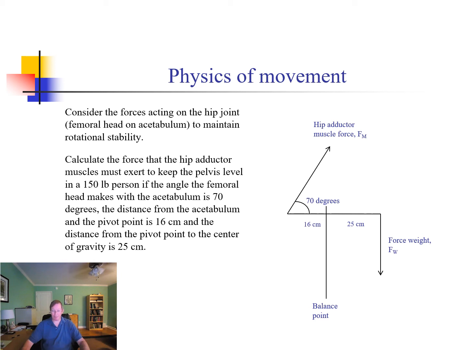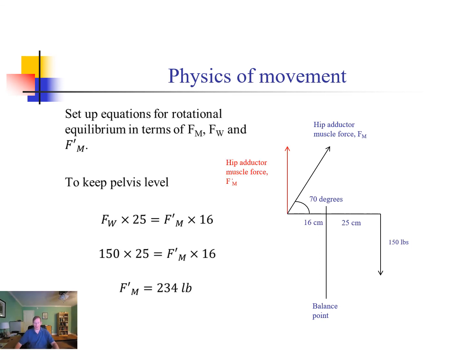So if I look at a balance point, typically what I would have is a distance between the acetabulum and femoral head of about 16 centimeters and about 25 centimeters to my center of gravity. The angle of those muscles is about 70 degrees, so I can express that equilibrium condition as the moment arm times the force equaling the moment arm times the force downwards.